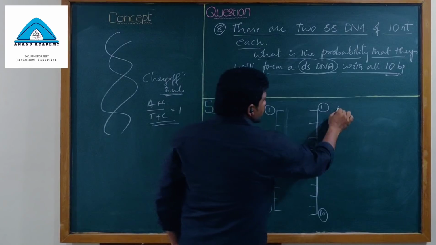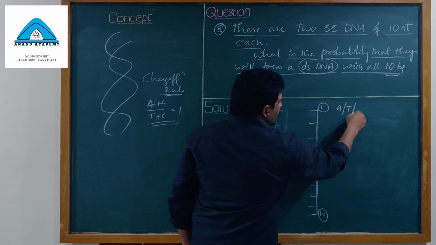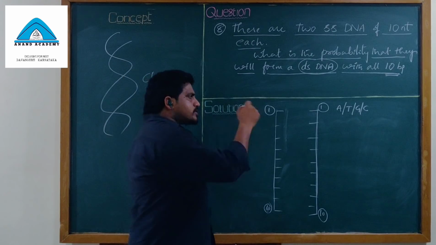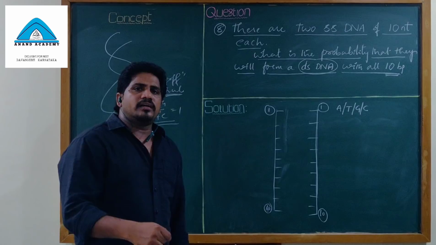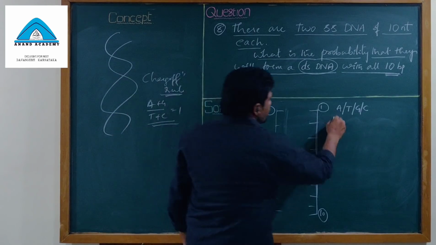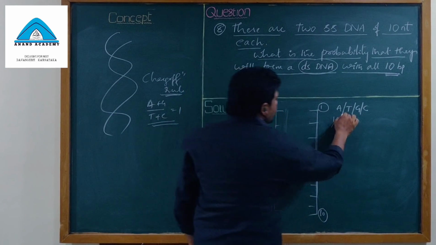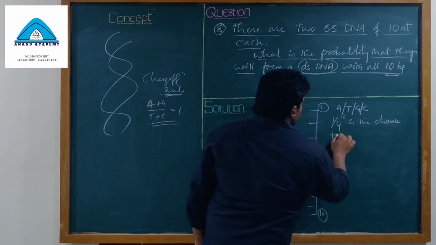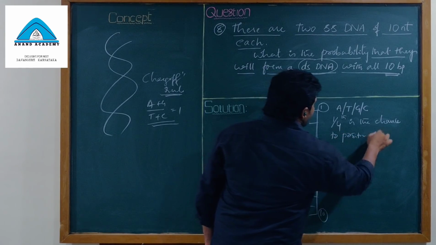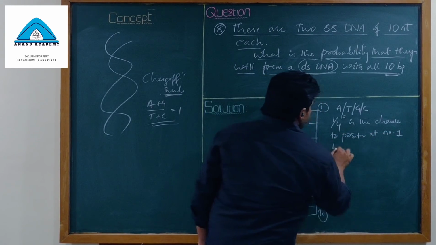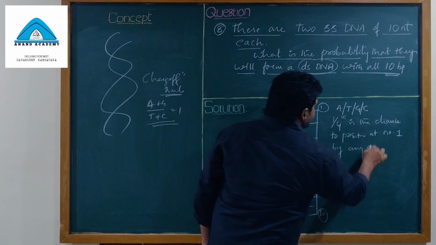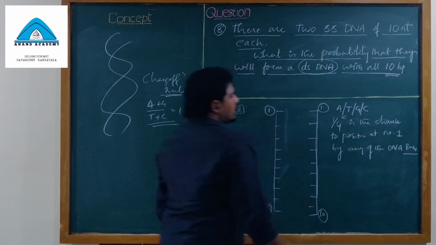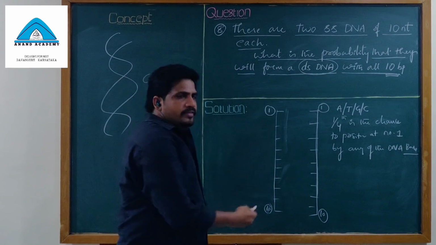So at the first position, adenine is there, or thymine, or guanine, or cytosine. We cannot say. So for the first position to be occupied by any of the DNA bases, the chance is 1/4. Like that for the second, third, fourth, everything.